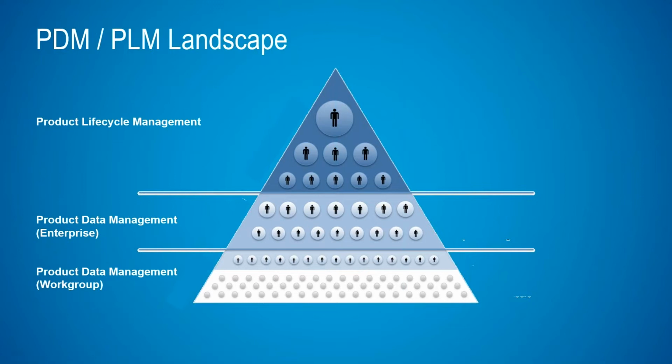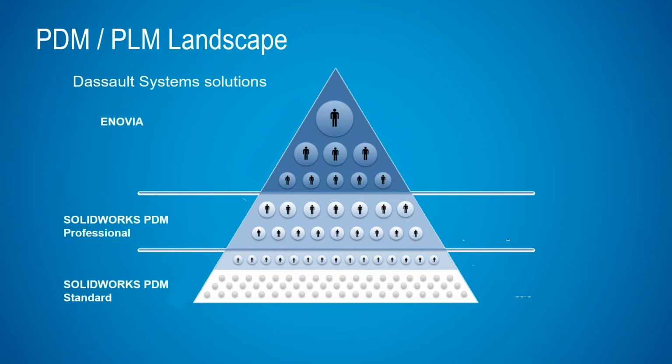Above that's an enterprise level, so multi-site companies with large engineering departments. And then you go to enterprise level PLM or lifecycle management. So this is multidisciplinary groups that are involved with the PLM.